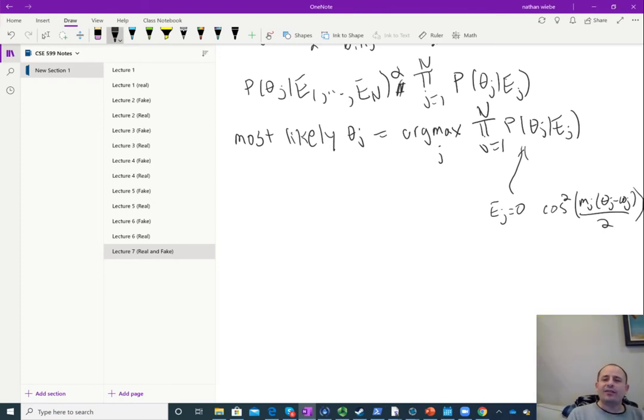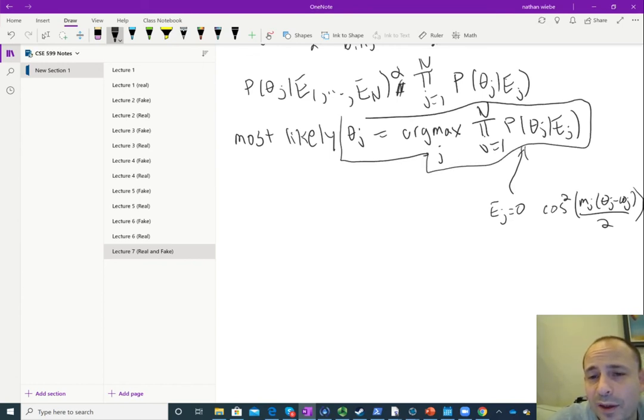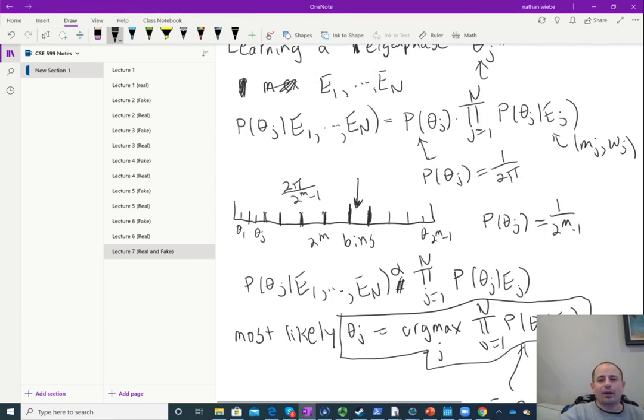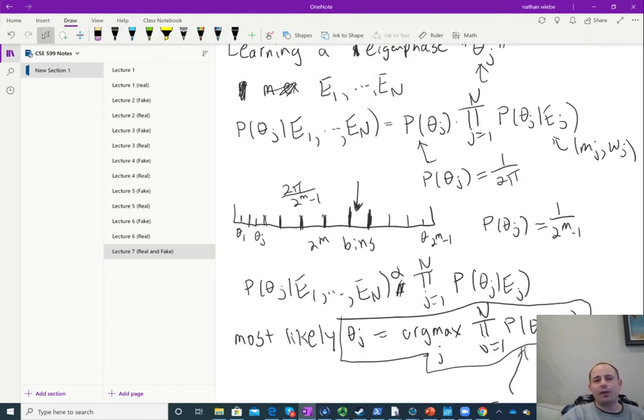Okay, so that's how you can find or infer the most likely value. You basically just end up using gradient descent or some other algorithm like that in order to yield this. If instead you want to also quantify your uncertainty in the phase that ends up coming out, then explicitly tracking a probability distribution over the thetas is a really good idea.